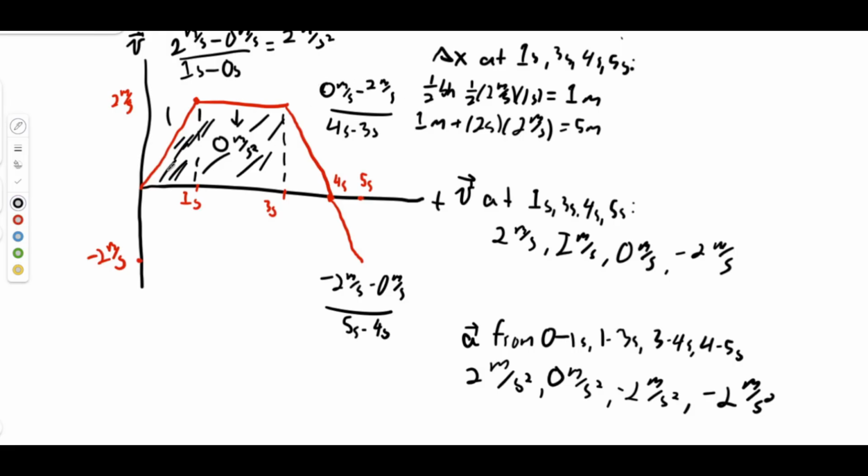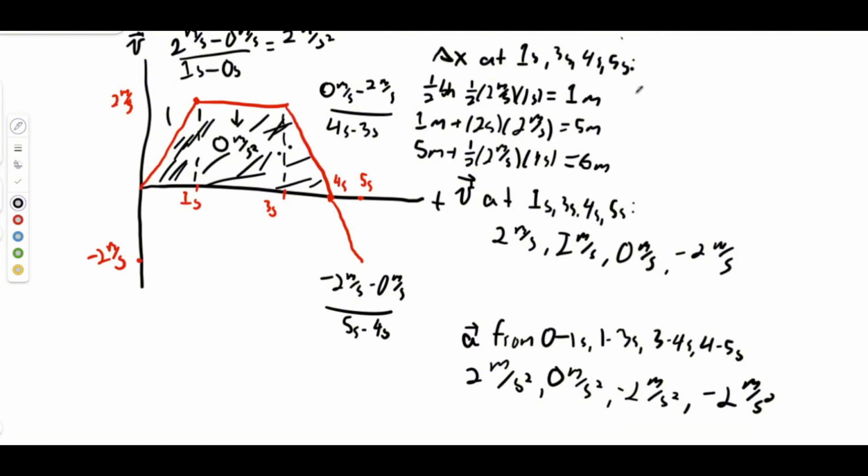Now, we have that whole area plus this triangle here. So it's going to be 5 meters plus base times height. The height is 2 meters per second, and the base is going to be 4 seconds minus 3 seconds, which is 1 second. And that is going to be an additional meter, so that's 6 meters.